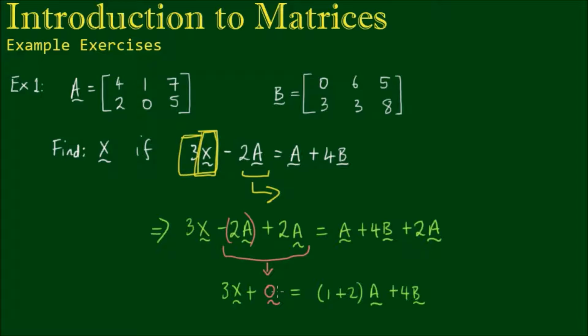Well, the 0 matrix is the additive identity. So anything plus the 0 matrix is equal to itself. So we're left with simply 3X on its own. On the right-hand side, 1 plus 2 is equal to 3. So we have 3 times the matrix A plus 4 times the matrix B on the right-hand side.